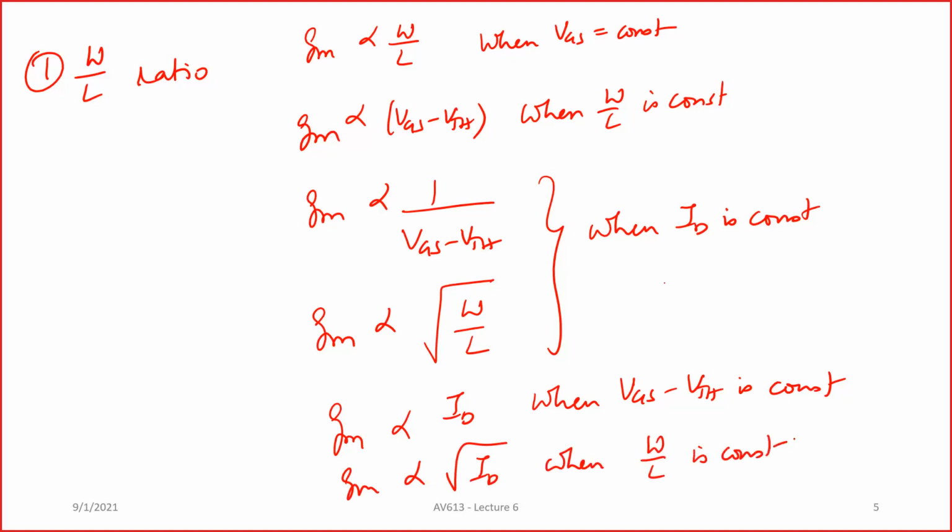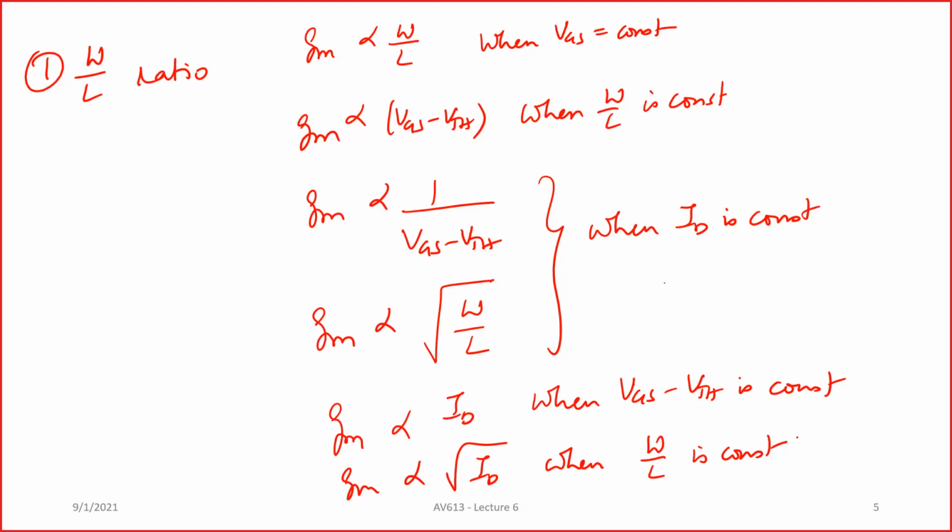All right. Now these are all very important relationships which help us understand how GM varies. Through the rest of this course, we will be heavily depending upon this parameter GM. The transconductance of this MOSFET is what is going to set a lot of things in your design, be it the design of a simple amplifier or an OTA or an op amp or whatever you do, right?